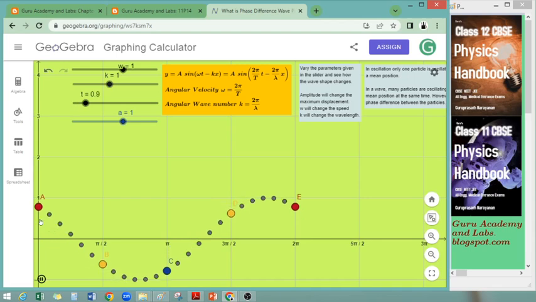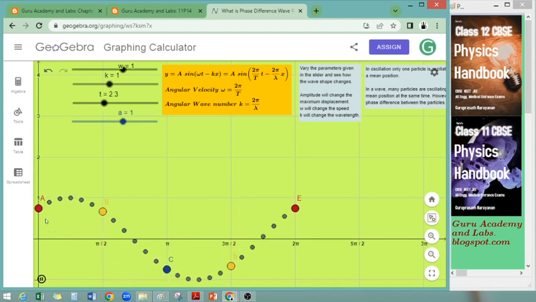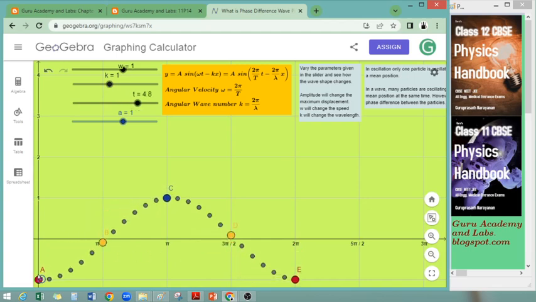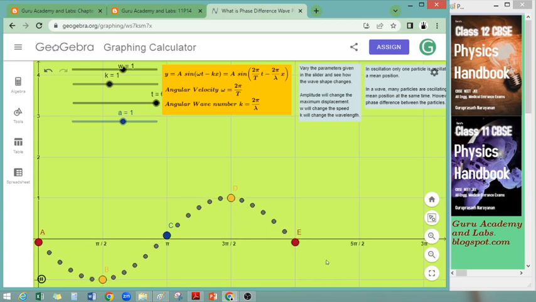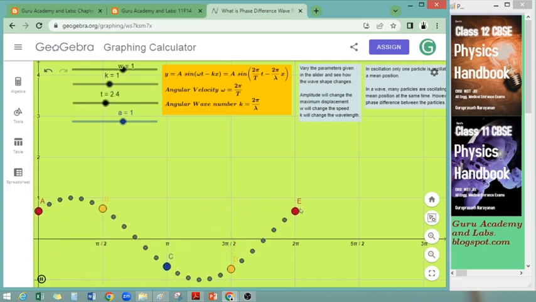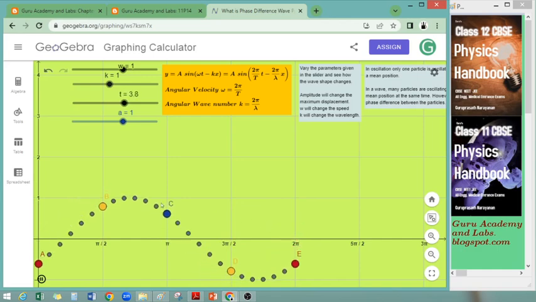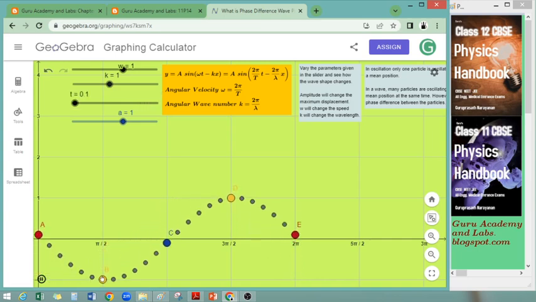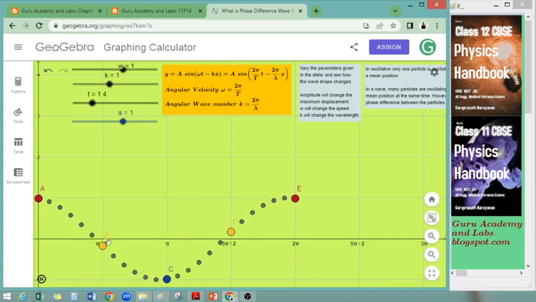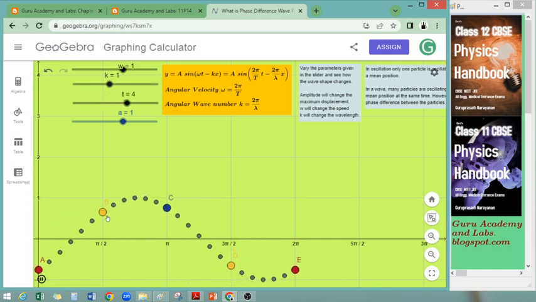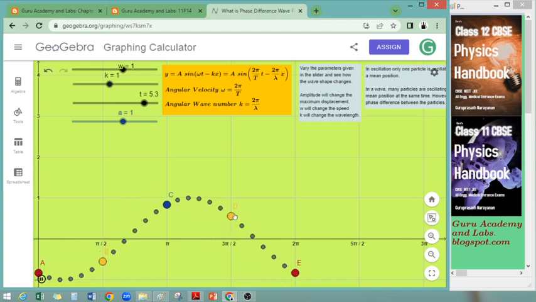If you see this red one and this red one, when this is coming down, this is also coming down. When this is going up, this is also going up. So we say this A and E are in phase. And if you see these yellow balls, B and D, B is going up, D is coming down. And now B is coming down, D is going up.